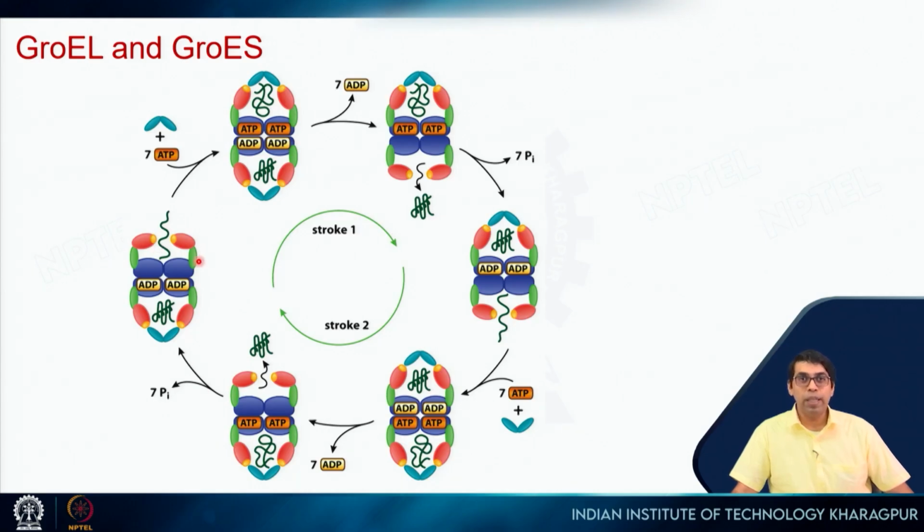So GroEL and GroES sort of act like a double stroke engine. So in one stroke, the top chamber is folding one molecule. In the second stroke, the bottom chamber is folding another molecule, right? So what GroEL and GroES do is they provide an isolated environment for the protein to fold properly.